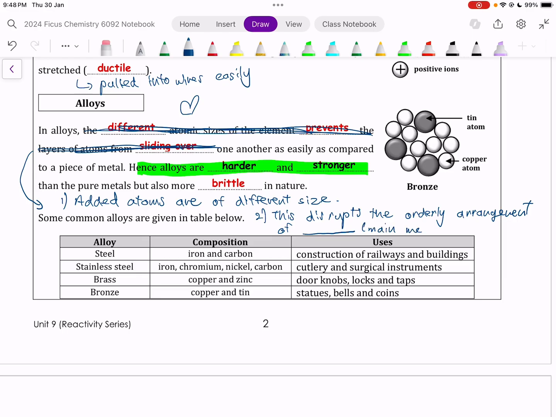Let's say in bronze it is copper. Then number 3, there is not enough space right here. When a force is applied, the layers of the main metal cannot slide over each other easily.